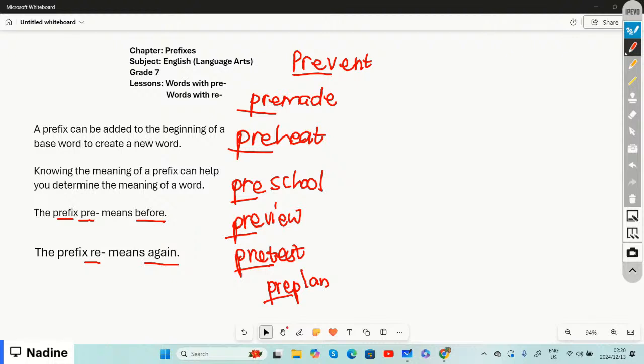We said re means again. Again, something is going to happen. That is what re means.